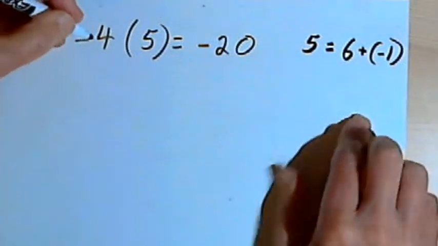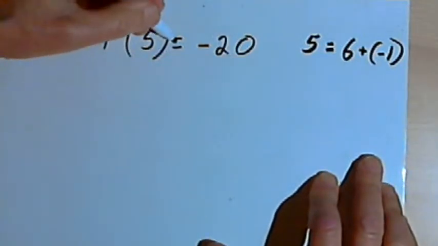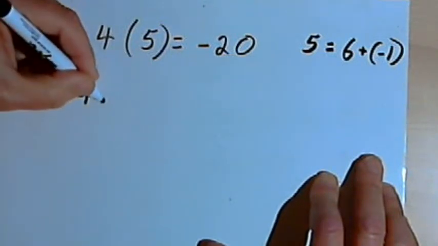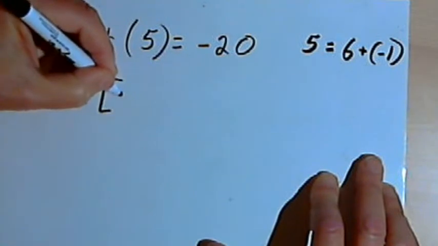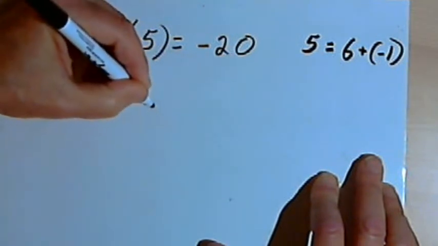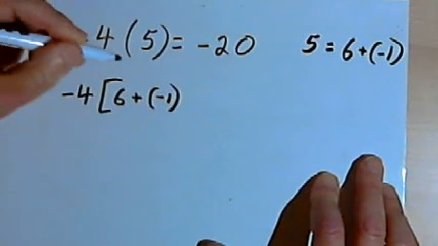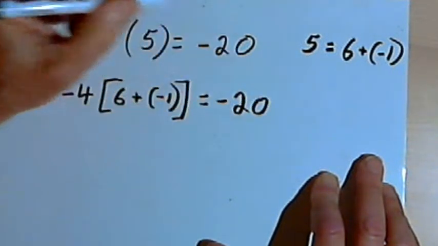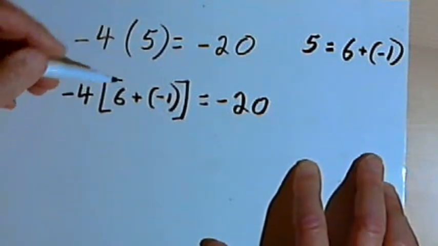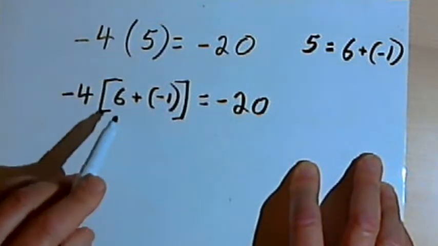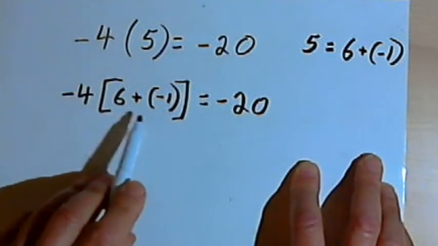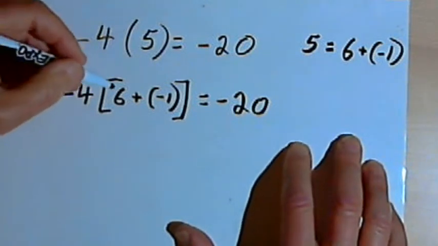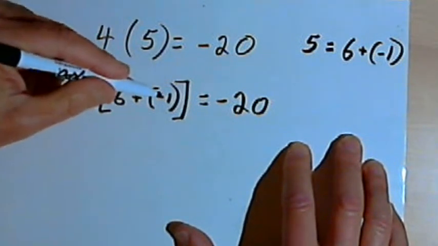So that means instead of writing negative 4 times 5 equals negative 20, I should be able to write negative 4 times 6 plus negative 1 equals negative 20. After all I've done is taken the 5 and replaced it with its equivalent, 6 plus negative 1. And now I've got a multiplication problem, negative 4 times this expression, 6 plus negative 1.